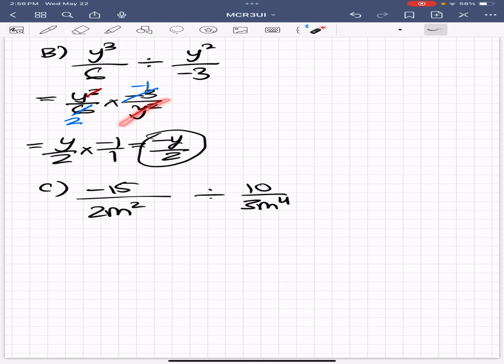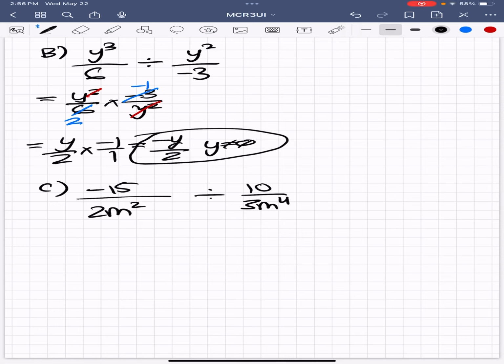So we cross out y to the power of 2, and then we cross out the 3. And we're left with y. We are left with y over 2 times negative 1 over 1. And we're left with negative y over 2. And again, y cannot equal 0. And that's what we are left with.